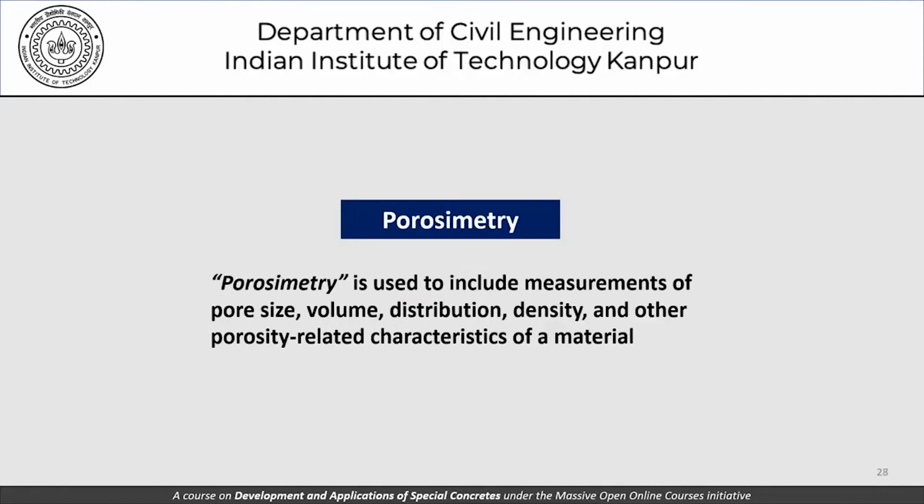We use a technique called porosimetry to measure pores, study the pore sizes, the volume, the pore size distribution, the density, and the other porosity related characteristics in the material. So porosimetry is the science, and I think we'll take an example now of how this porosimetry is actually carried out.